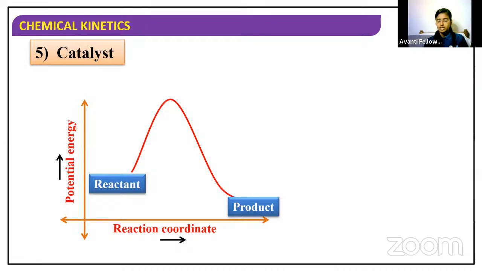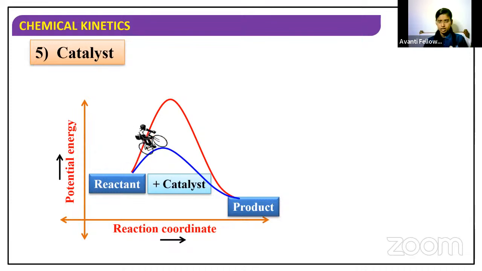Now this is the case without catalyst. If I add the catalyst to this reactant, the pathway will differ. You see the blue color pathway. So what is the difference? A person is starting here and reaching.